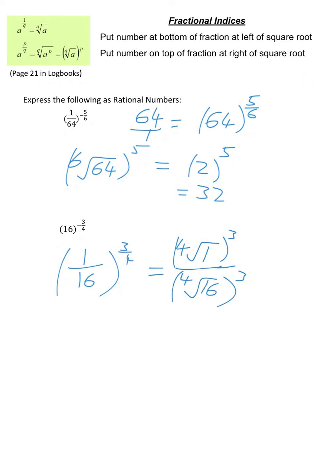So for the top, the fourth root of 1 is 1, then 1 to the power of 3 is just 1. So there's really no need for me to do that, that'll stay as 1. Now the fourth root of 16 is 2. Then to the power of 3, so that'll be 1 over 8 as my final answer.